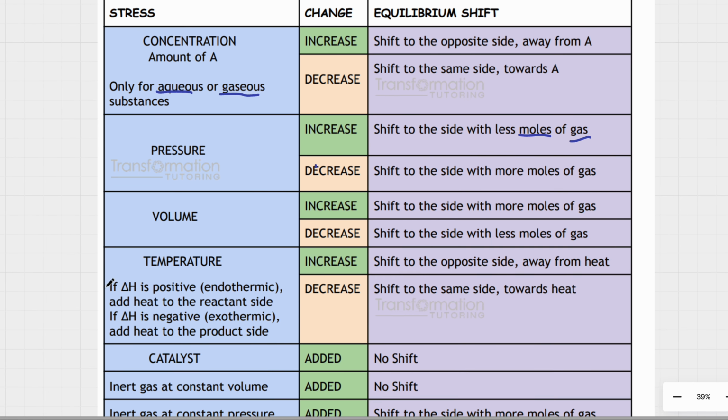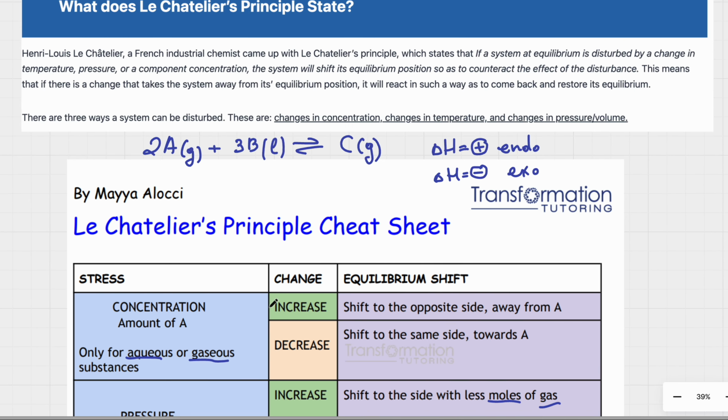So here I wrote, if delta H is positive, the reaction is endothermic, and you will add heat to the reactant side. If delta H is negative, that means your reaction is exothermic. It releases heat, and you will add heat to the product side. Let's say, for example, my delta H is equal to plus 50 kilojoules per mole.